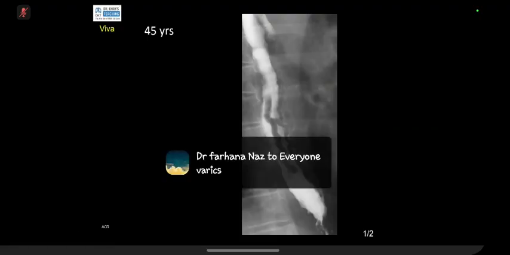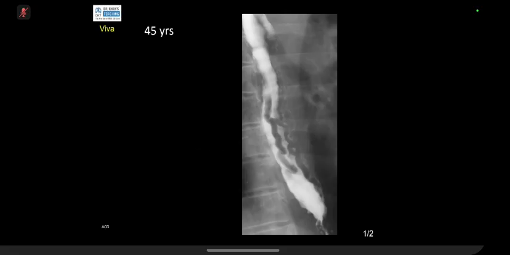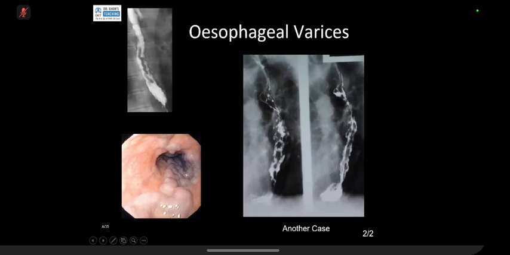Varices. If you see here, there are anacondas sitting there. These anacondas are veins. On endoscopy, you will see this, right? And this is a pathognomonic appearance for an exam case of varices.